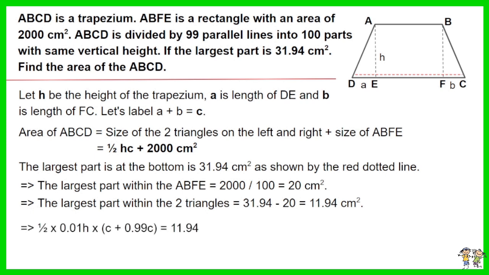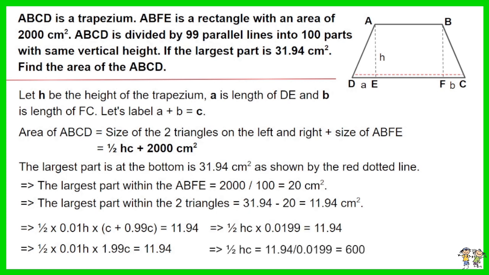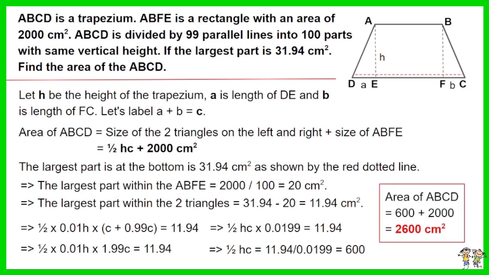As such, half times 0.01h times the result of c plus 0.99c equals 11.94. 0.01h is the height of the largest part. c plus 0.99c is the length of the bottom and top bases of the largest part within the two triangles. Work out the equation to find the value of half times h times c, which is the area of the two triangles. The result is 600. Thus the area of ABCD equals 600 plus 2000. The answer is 2600 centimeters squared.